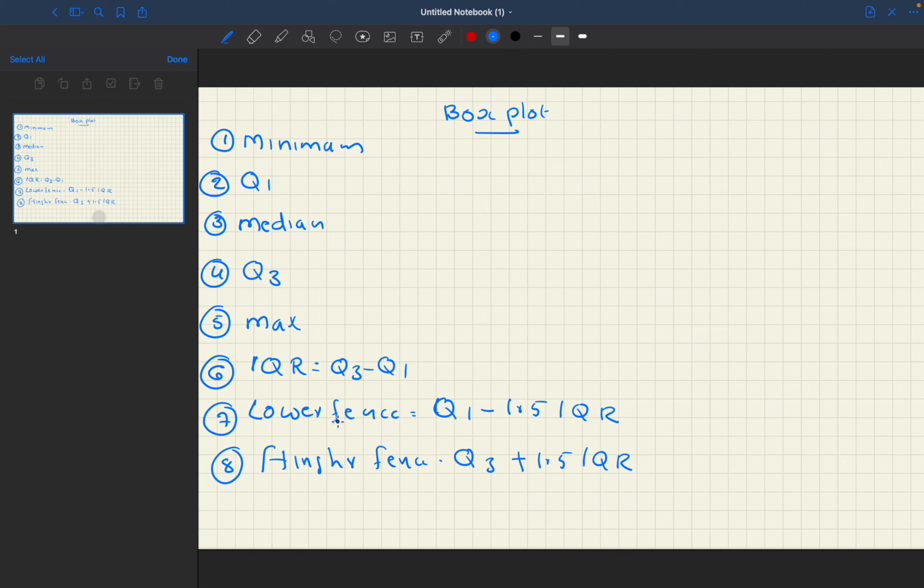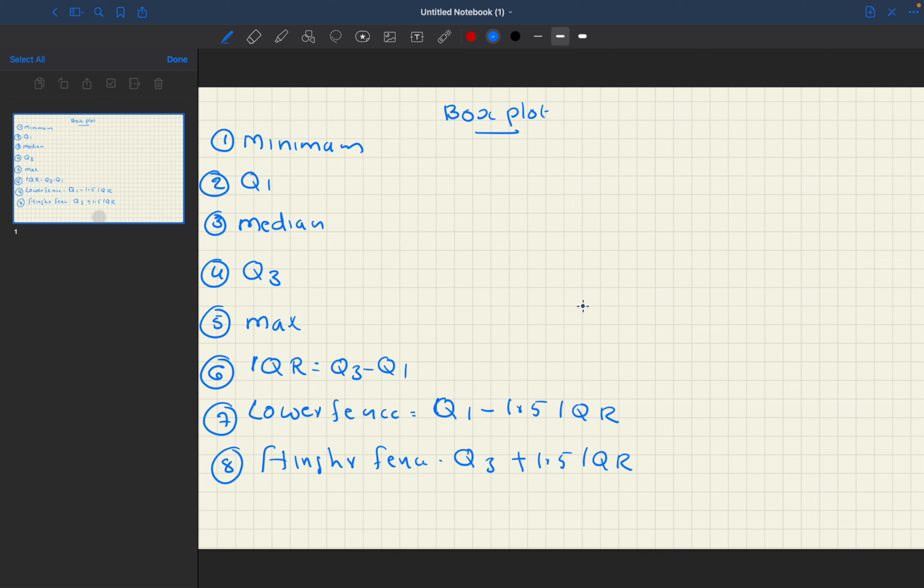So with the 7th and 8th items, we are actually creating a boundary, a lower fence and a higher fence. All the values greater than the higher fence are considered outliers in the positive, higher direction, and all the values less than the lower fence are also considered outliers.